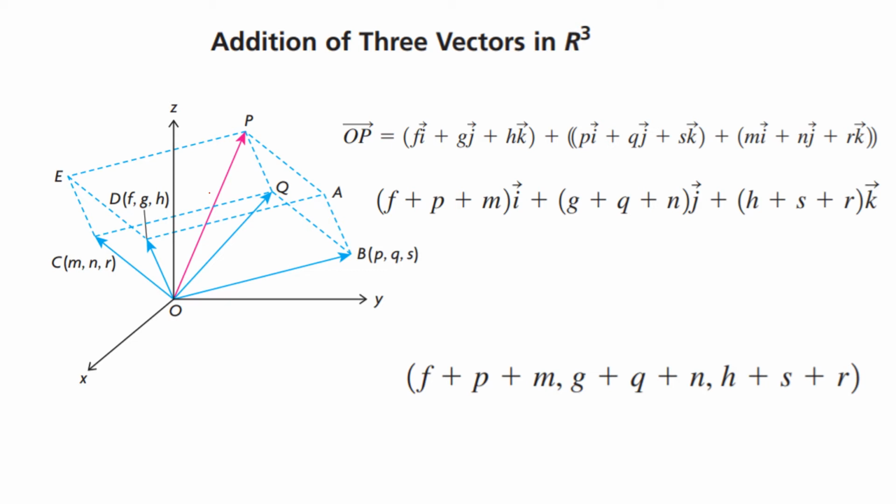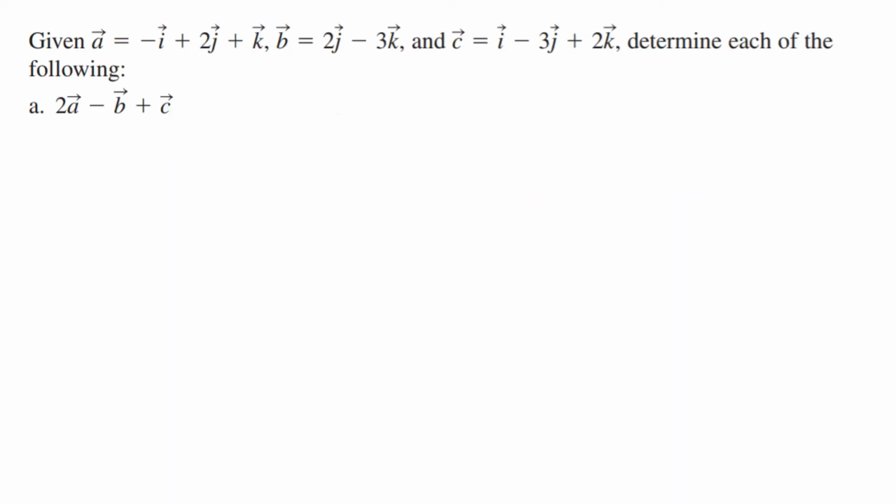So we just remove i, j, k if we want to write it in the component form. Now the shape obtained here, shown on the graph, is not a parallelogram when adding 3 vectors. This is called a parallelepiped.